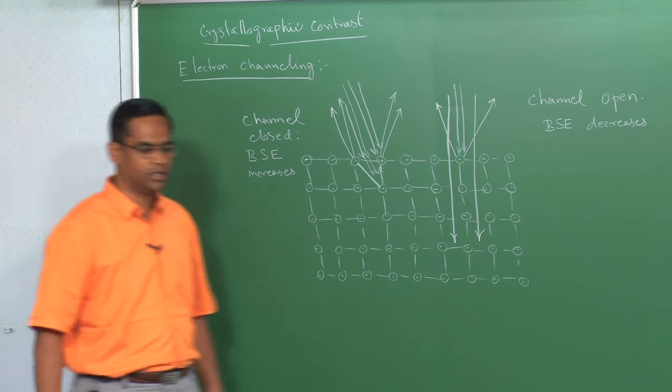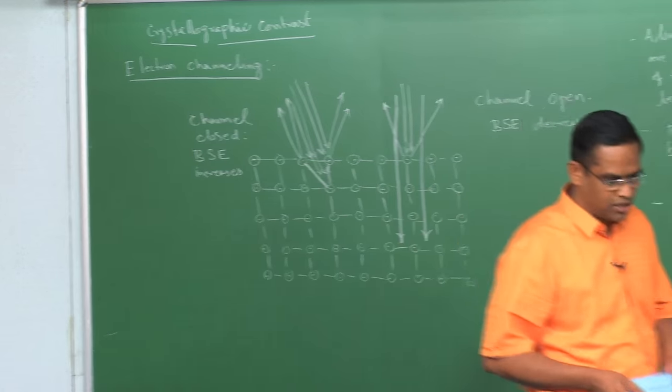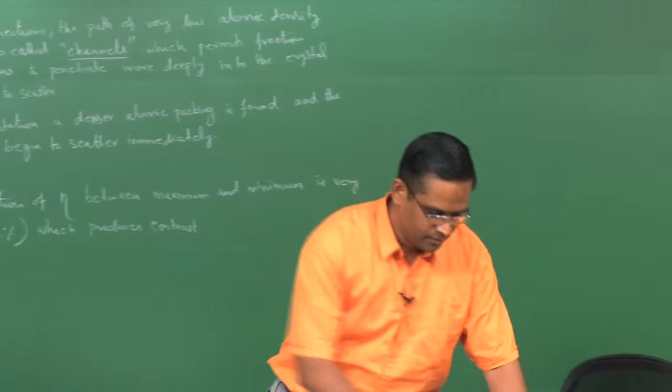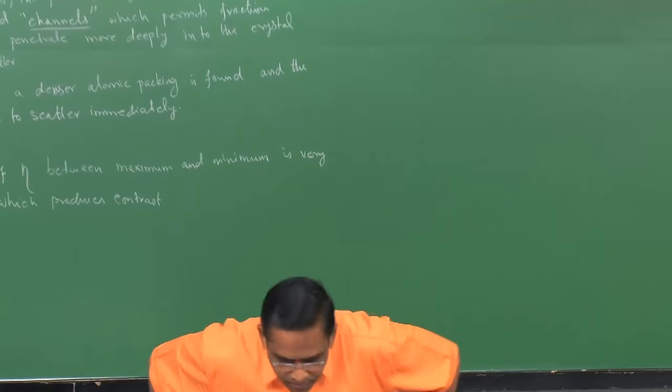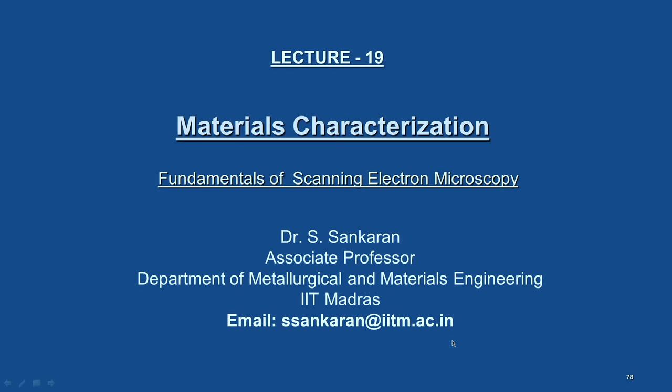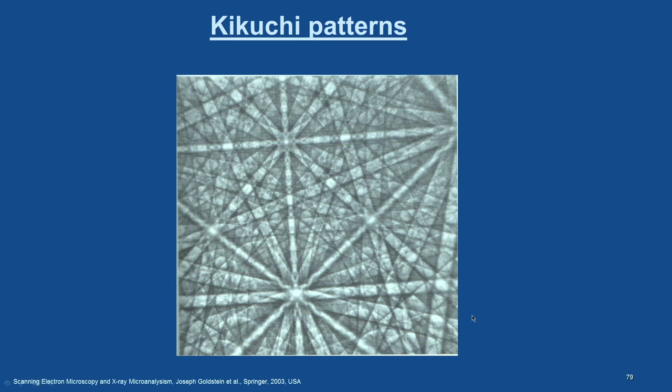Now we will turn our attention to another important imaging technique called EBSD. This EBSD pattern will look like this. It is also called a Kikuchi pattern. You will see bands of bright and dark line pairs, and we will now see some of the basics about this image formation.